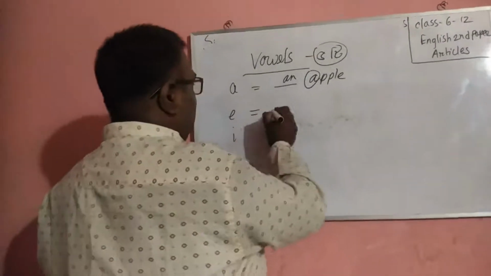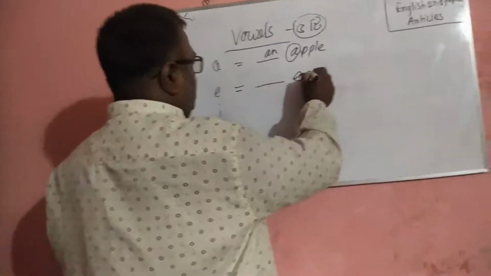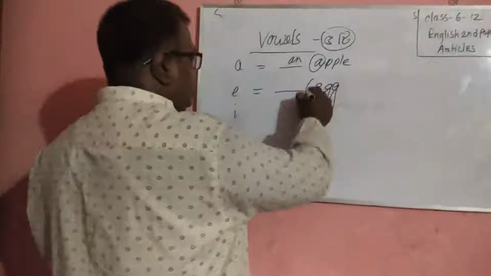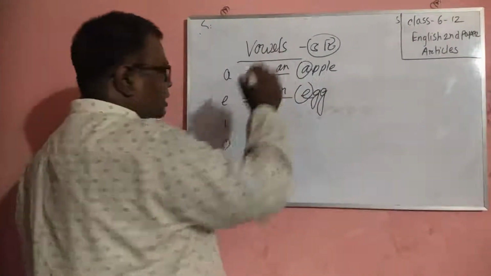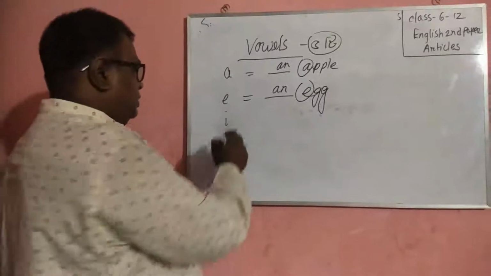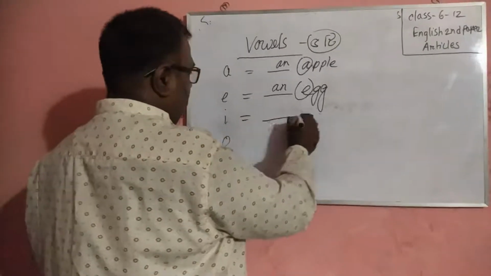And here E is another vowel and we use AN before the word.